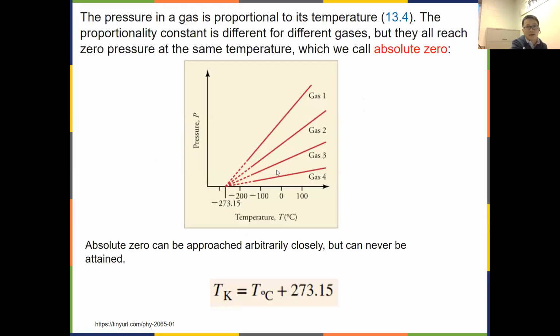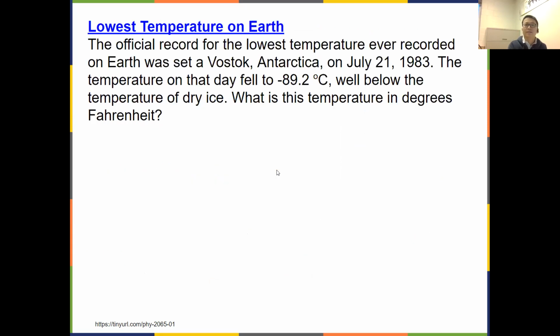Okay. We will take a look at one example first. This one says lowest temperature on Earth. The official record for the lowest temperature ever recorded on Earth was set at Vostok, Antarctica on July 21st, 1983.